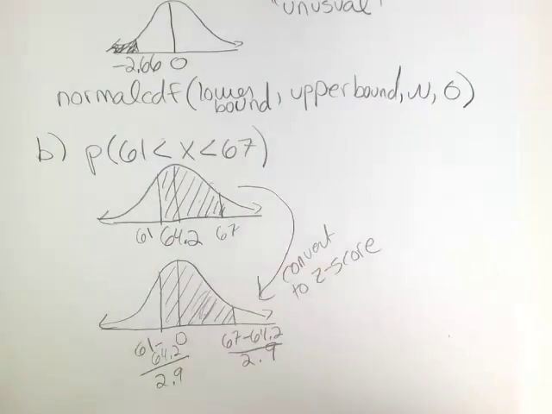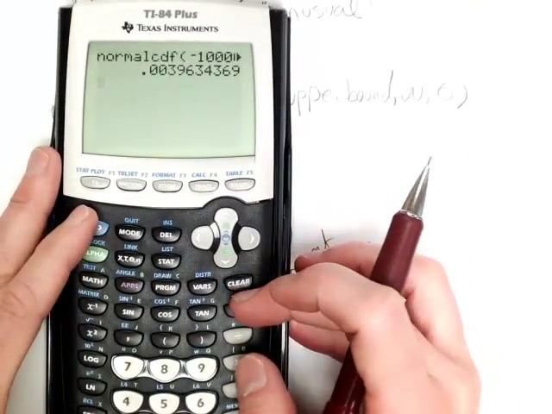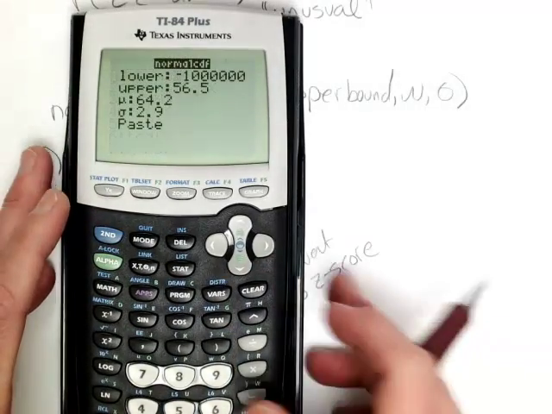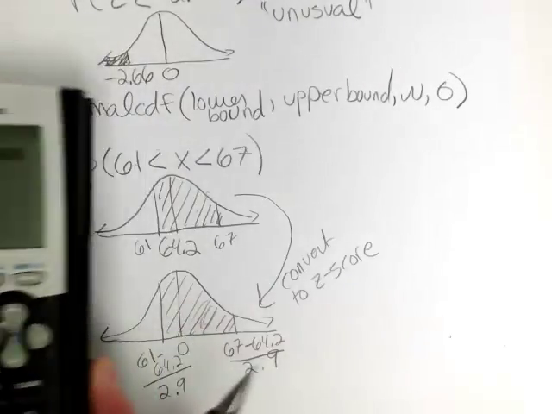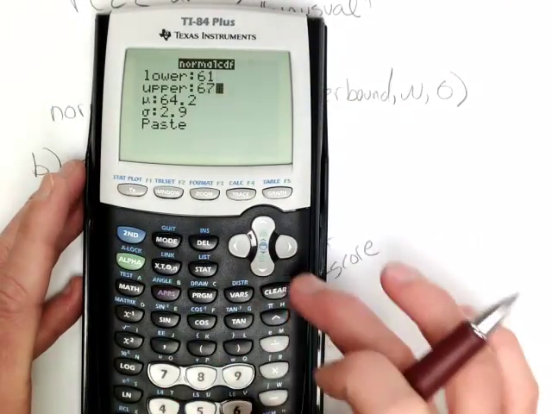Okay, but I'm not going to do that. You certainly could do that. Convert those endpoints, use the standard normal table. But I'm going to go ahead and use the calculator. So I'm going to go back to my normal CDF. This time my lower bound is 61. My upper bound is 67.